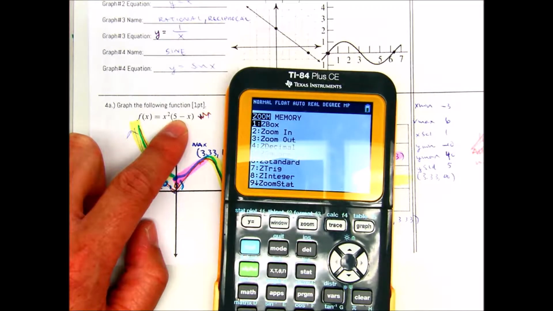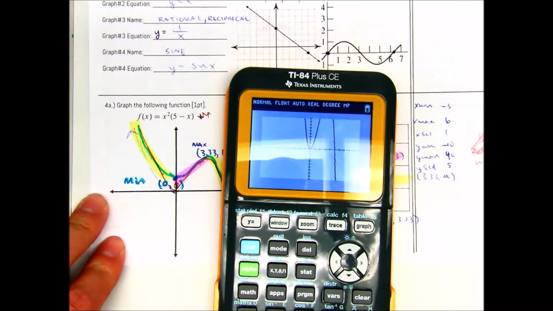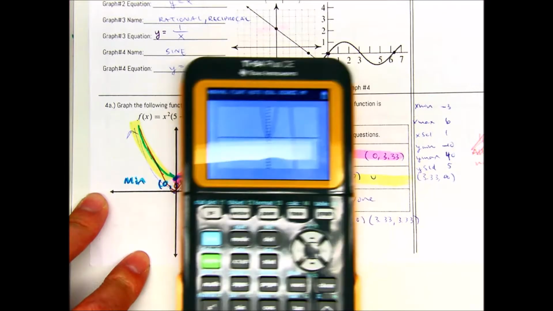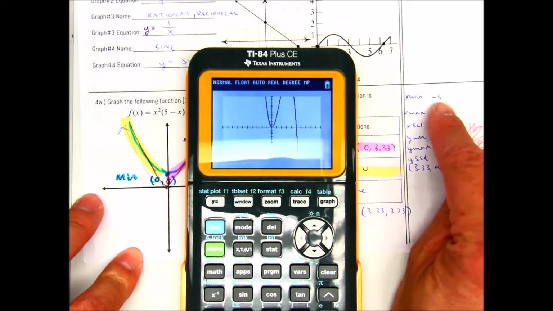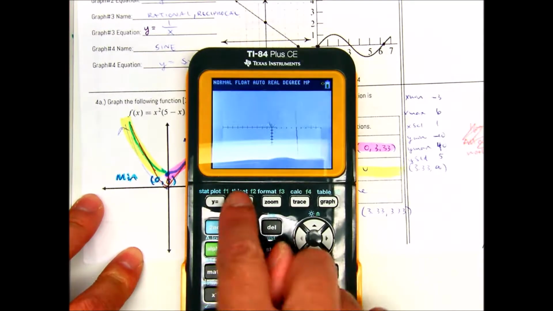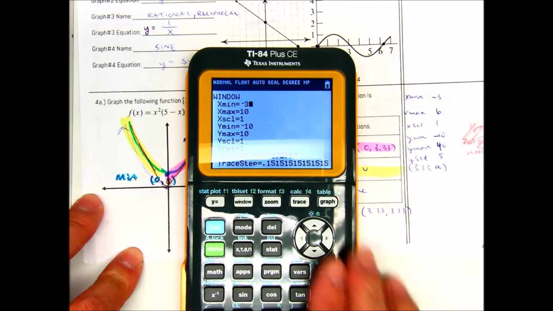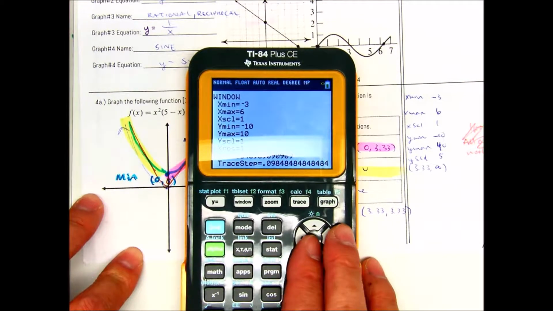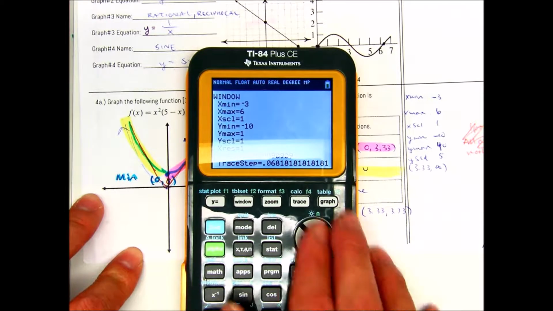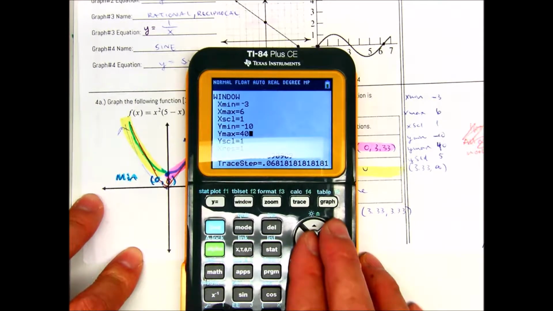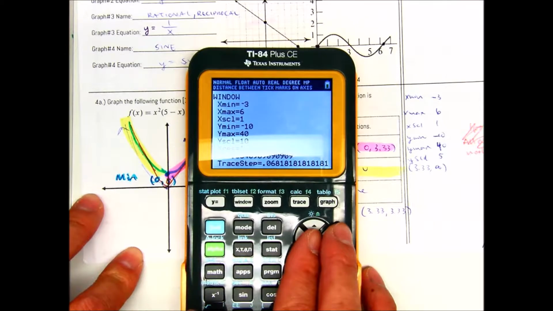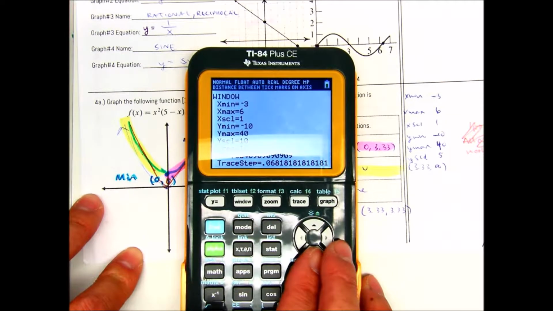I wrote over here my window that I changed it to, so -3, 6, scale of 1, y max I went to 40, and every tick mark I wanted to count by 10, and the y scale counts by 5s. Got my graph. That's what my graph looks like.